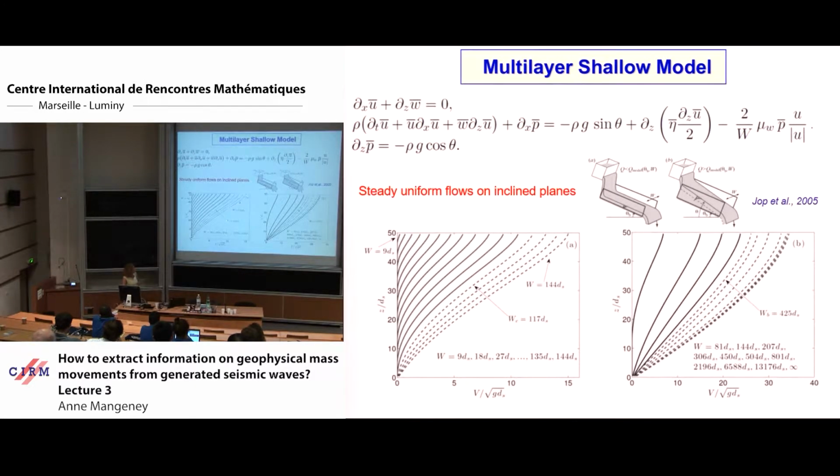And if you decrease the width, you will have an exponential decrease in function. And if you increase the space between the walls, you will have some kind of Bagnold type velocity profile. And this is something that we measure in the laboratory. We measure these different profiles depending on the spacing between the walls.